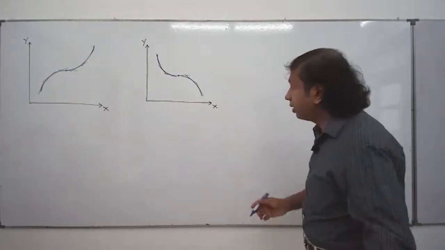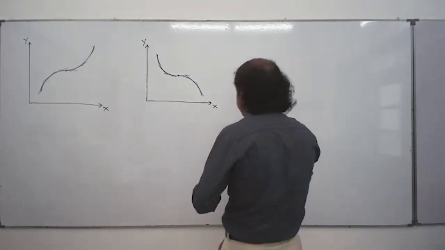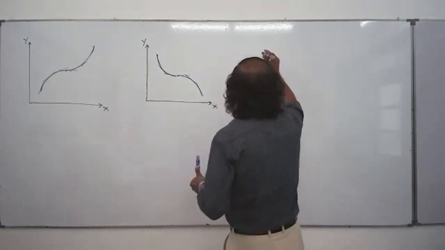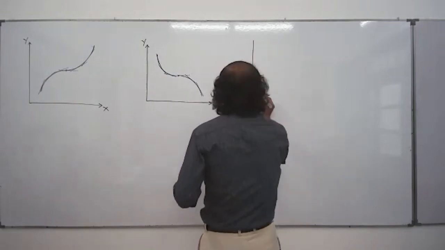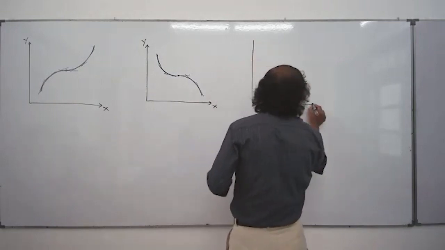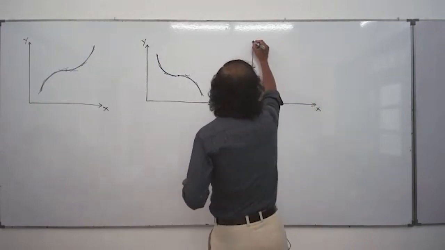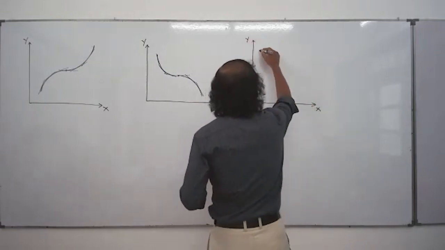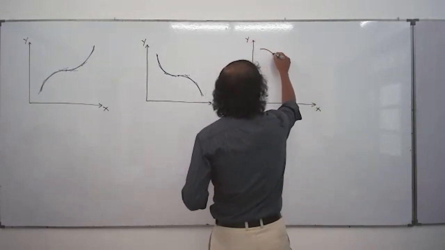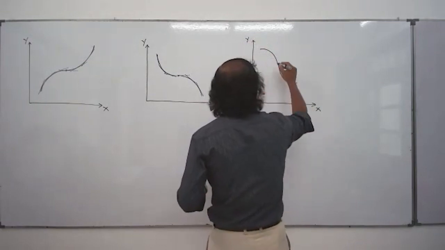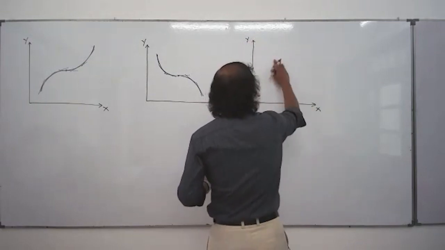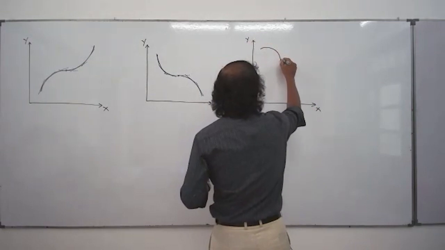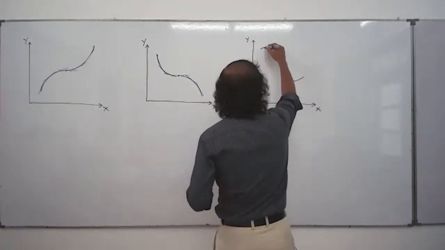Now, if I consider a graph, people, suppose this way I am going to consider the x-axis, y-axis. Here, take this graph. This way a graph. Consider a graph like this.